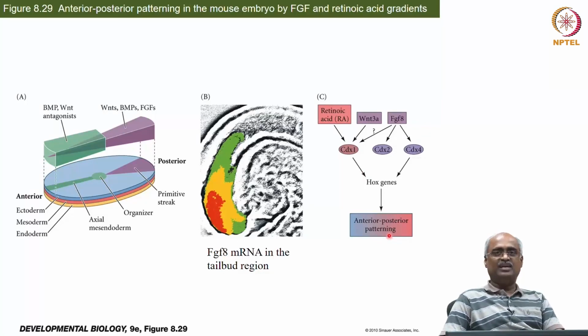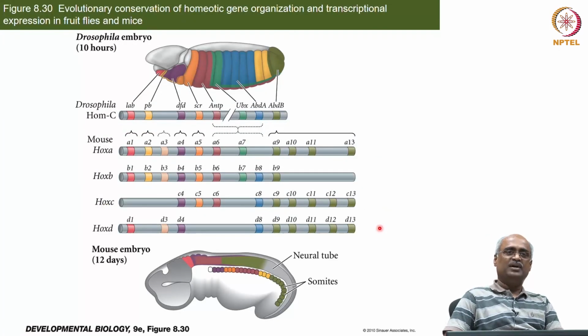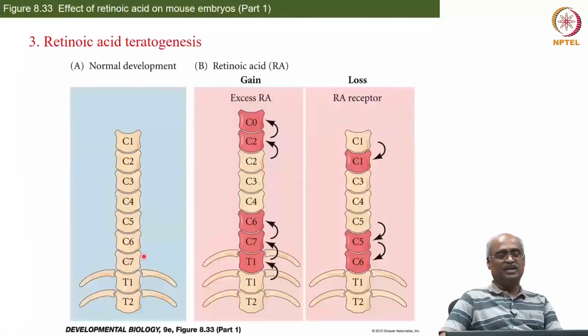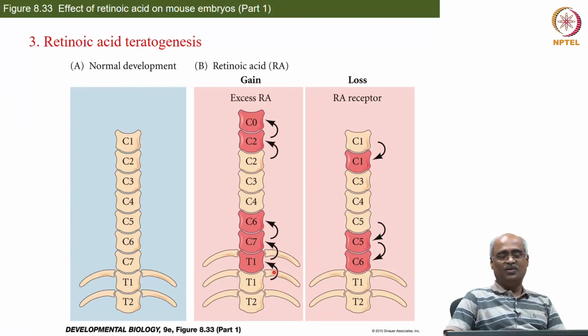So in an anterior portion, if you increase the retinoic acid, then you are going to have posterior Hox genes expressed there. And then we should also have the segmental identity shifting, the posterior structures shifting anteriorly, and that is what is seen in this. So this is the wild type, so thoracic, cervical, so that's the neck region, okay, this one. So you see that shift here.